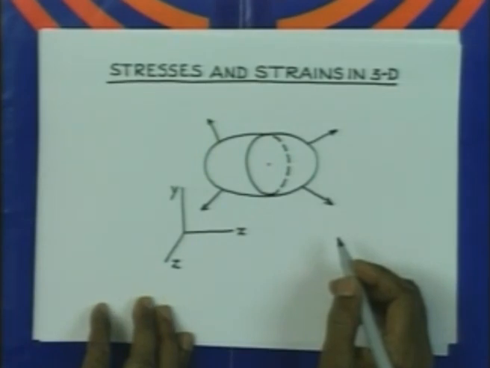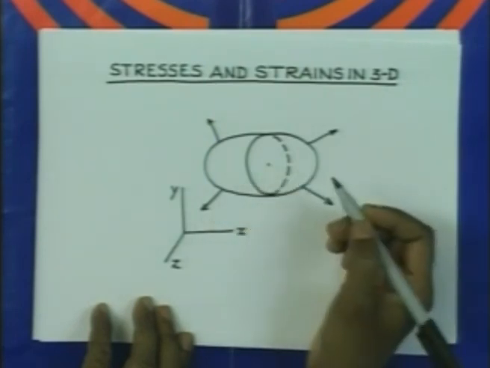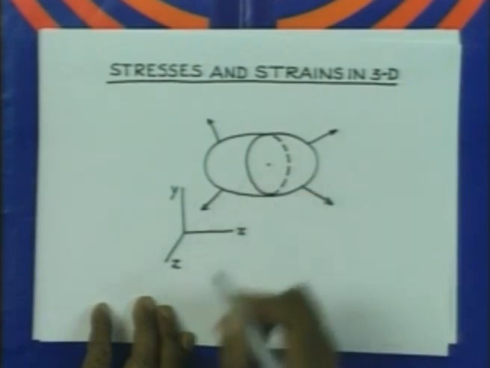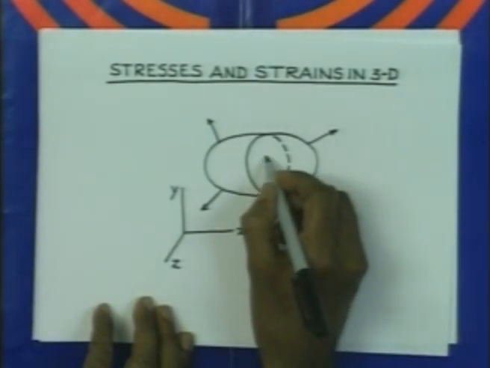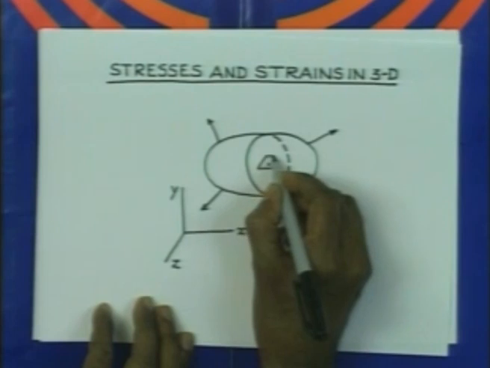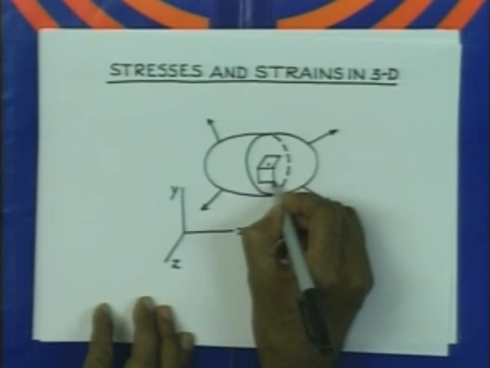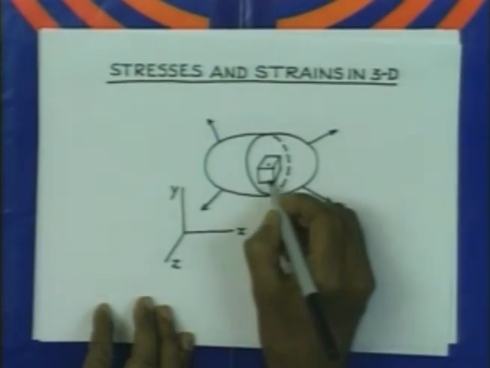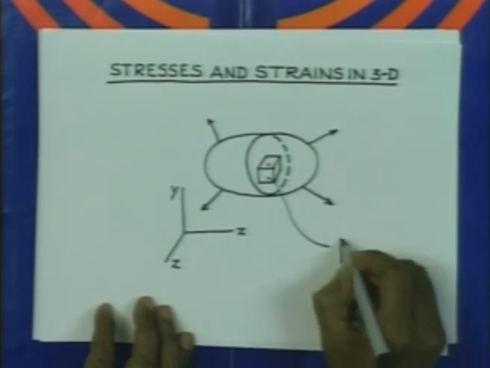In order to do that, we are interested in quantifying the stresses and strain at a point, let us say P, and what we consider, we try to enclose this point by a very small cube. When we segregate this cube from the rest of the body, I will draw it to a larger scale here.